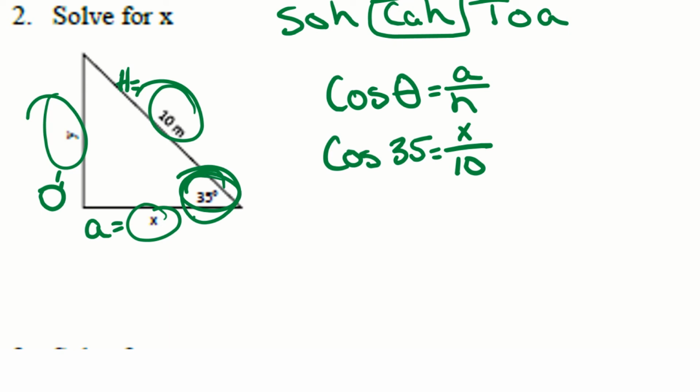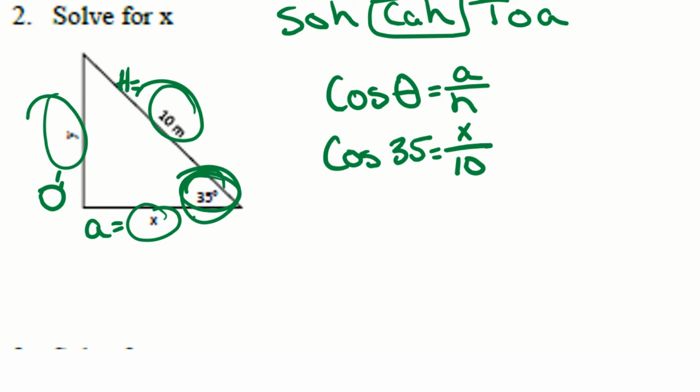Now I solve for x. The first thing that you need to do using your calculator, make sure that you have it in degree mode. You would first figure out what is cosine 35. The cosine of 35 in degrees on the calculator would give you a value of 0.81.